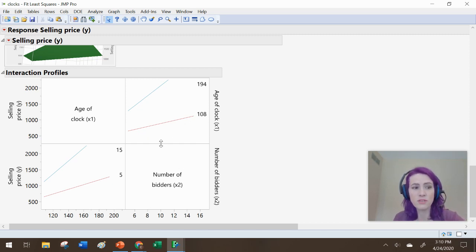That is, as the number of bidders goes up, the price goes up. Whereas for the really old clock, as the number of bidders goes up, there's a much steeper rate of increase in the price. So these told us the same thing. It's just which way do you want to look at it?